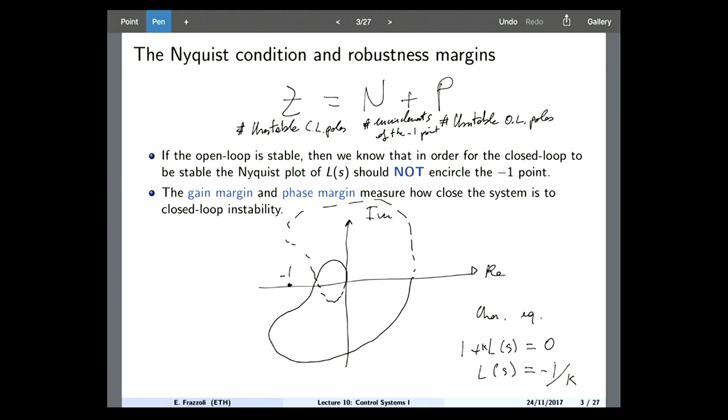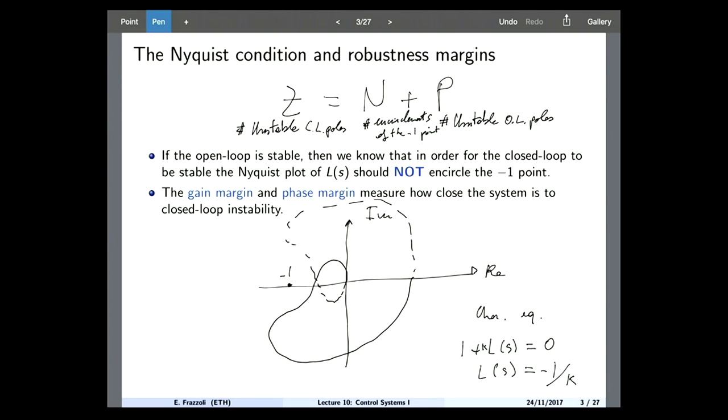Good, so now the number one thing that you have to remember about models is that the model is not reality. So chances are, actually I guarantee you, that your model will be wrong. So now an important question that you must think of is, how robust is my design?